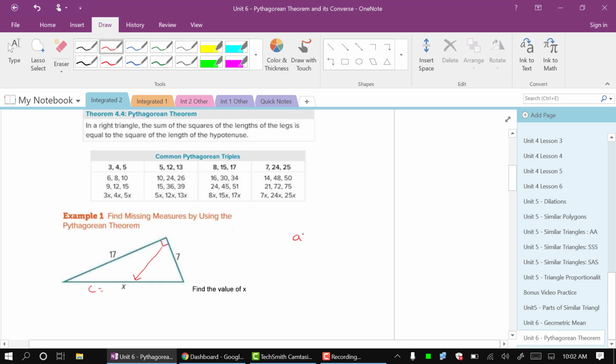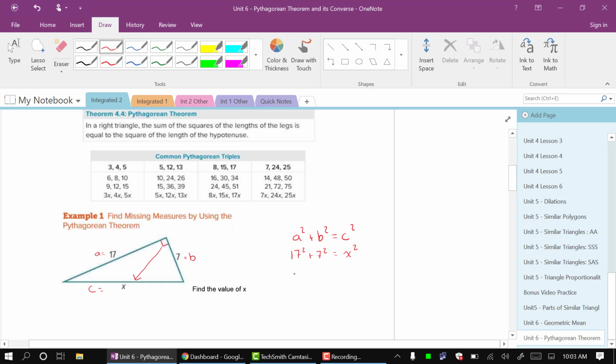So our theorem is A squared plus B squared equals C squared. It doesn't matter which one's A and B because we're adding these together. So I'm just going to say that the 17 is the A and the 7 is the B. So this gives me 17 squared plus my B is 7 squared, equals my hypotenuse, which is my C value, that's my unknown, so that's my X squared.